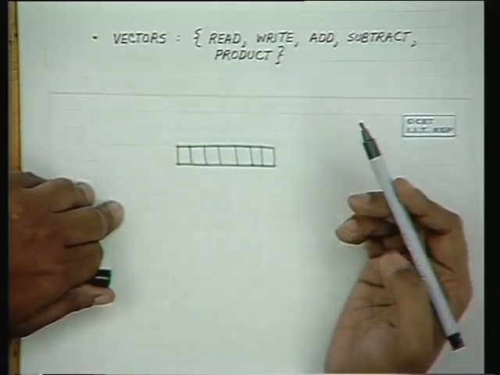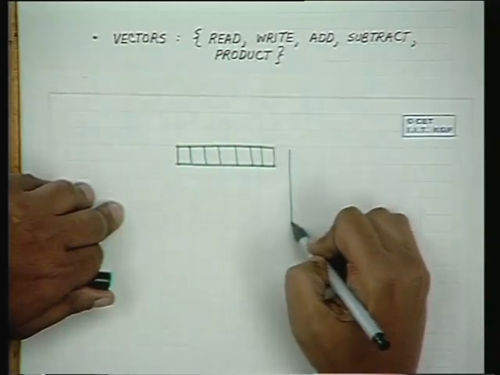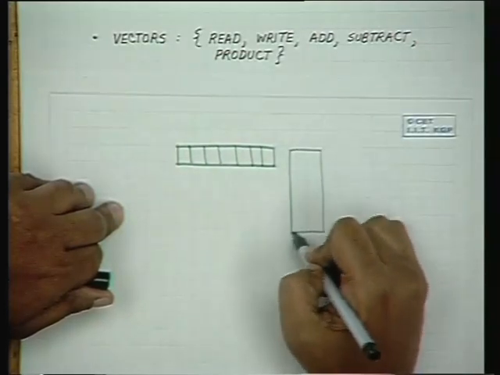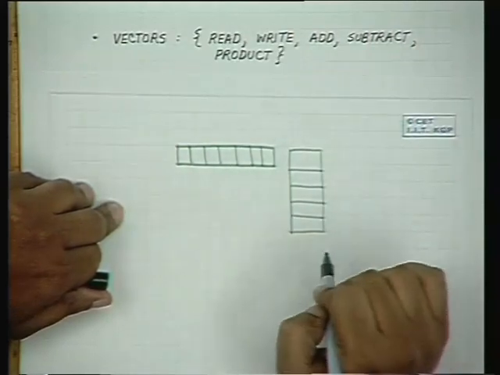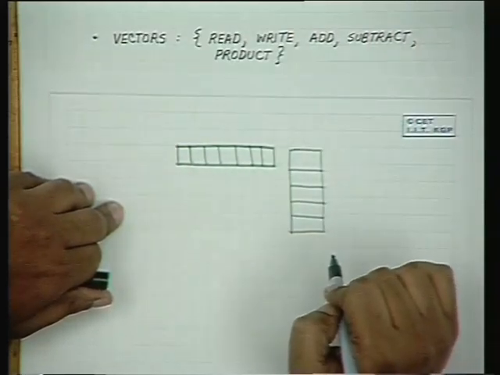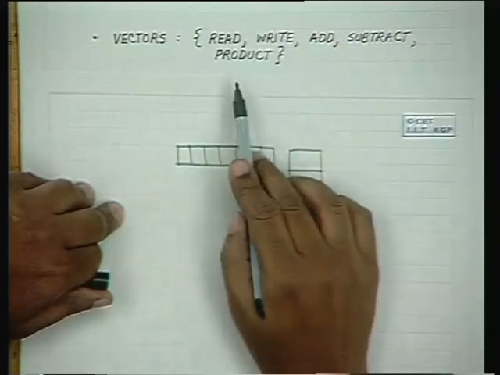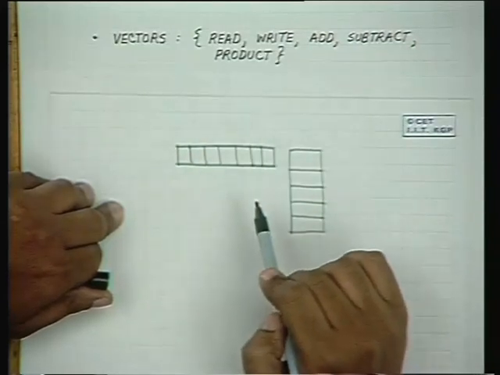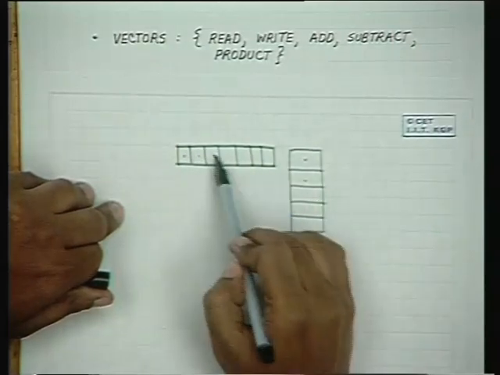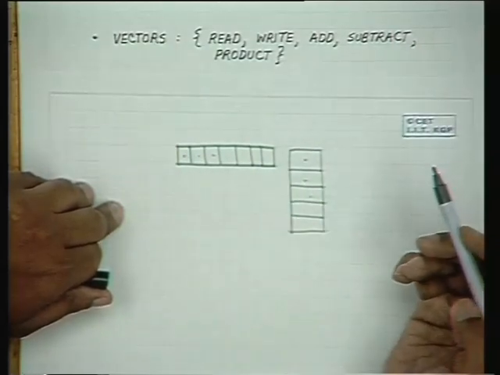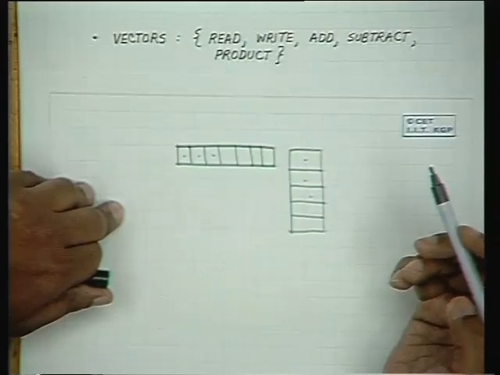How much time will the product of two vectors take? What will be the complexity of taking the dot product of two vectors? This with this plus this with this plus this with this, order n time, isn't it? It will be order n time.